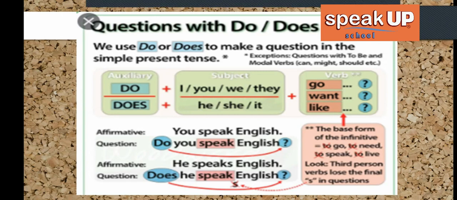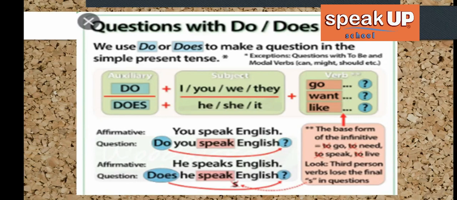We make the question with the auxiliary do for I, you, we, they, and does for he, she, it. Do you go to the gym? Does she want to play? Does it like milk? Okay.